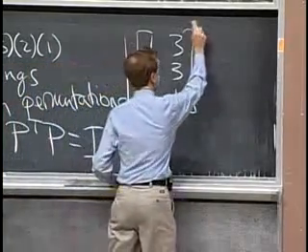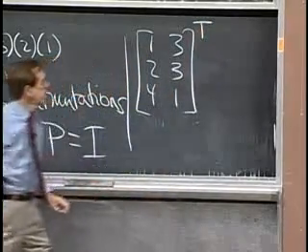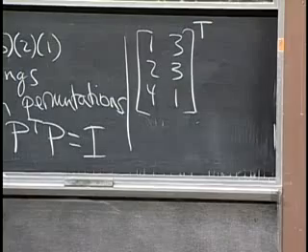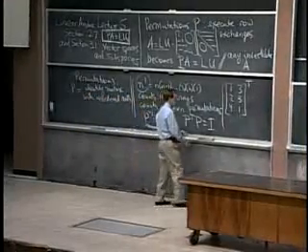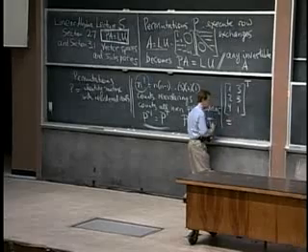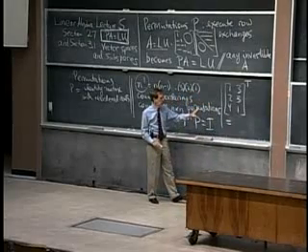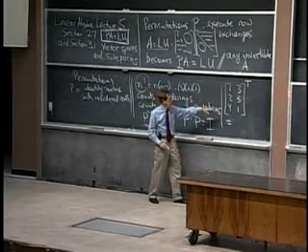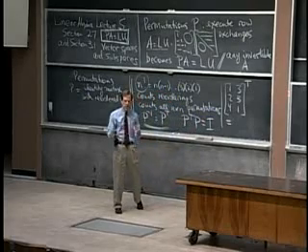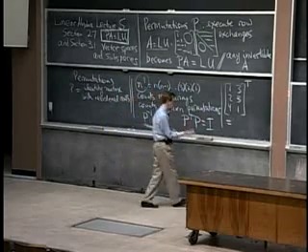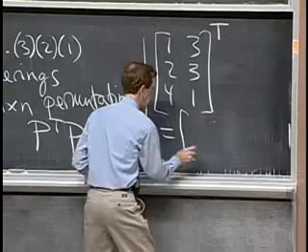So what's its transpose? I'll use a T, although MATLAB would use a prime. And the result will be, I'll write it here, because this was 3 rows and 2 columns. This was a 3 by 2 matrix. The transpose will be 2 rows and 3 columns, 2 by 3.